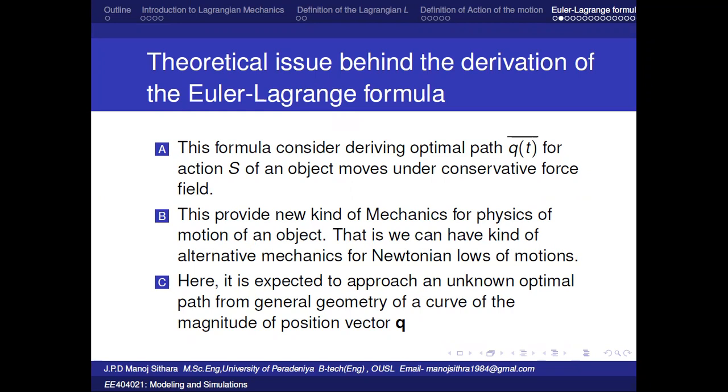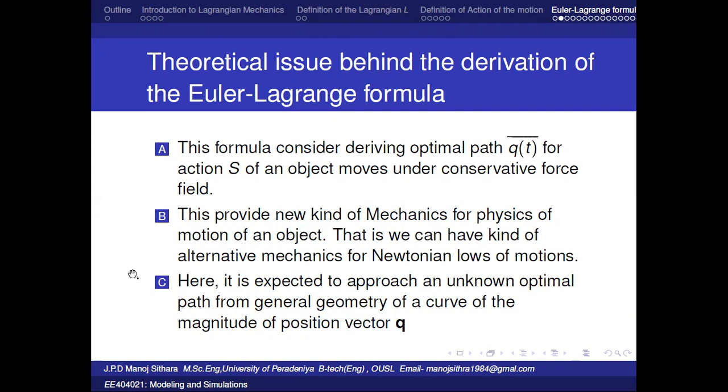This formula derives the optimal path for the average position for the action of an object moving under a conservative vector field.